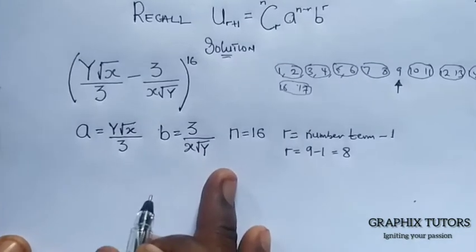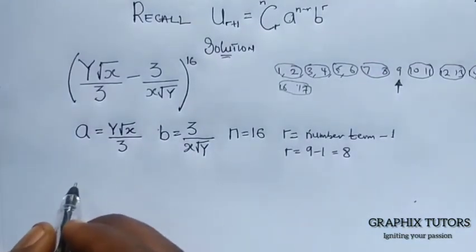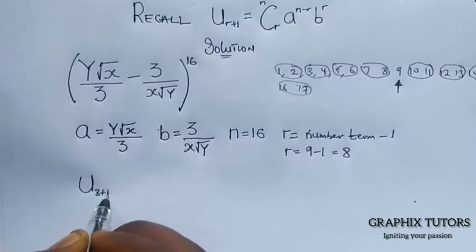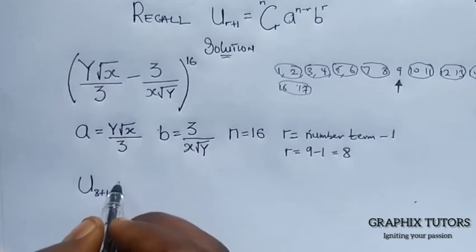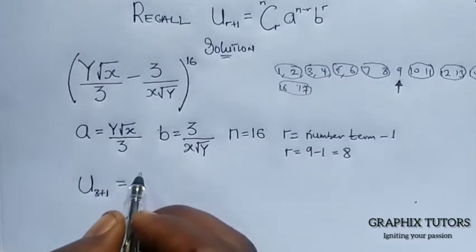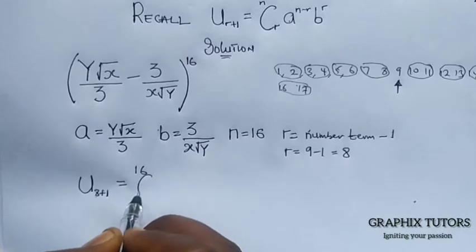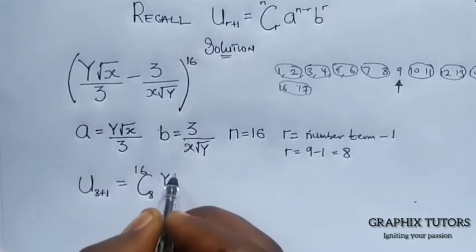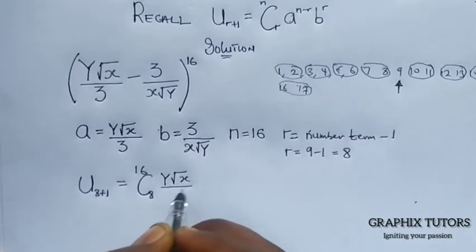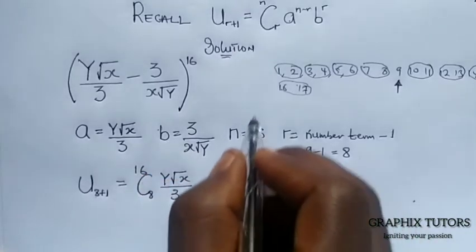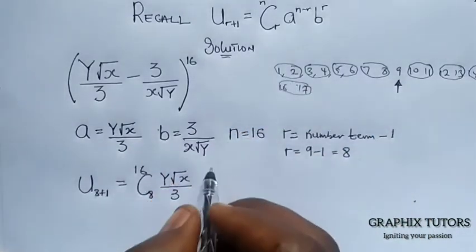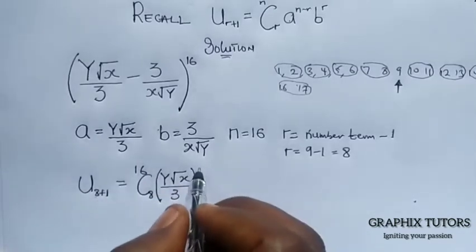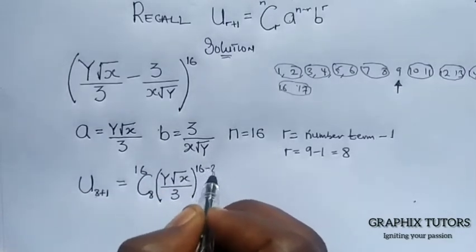That will give us U 8 plus 1, where r is 8, equals n is 16, combination r is 8, my a is y square root of x all over 3, to the power n minus r, that will be 16 minus 8.